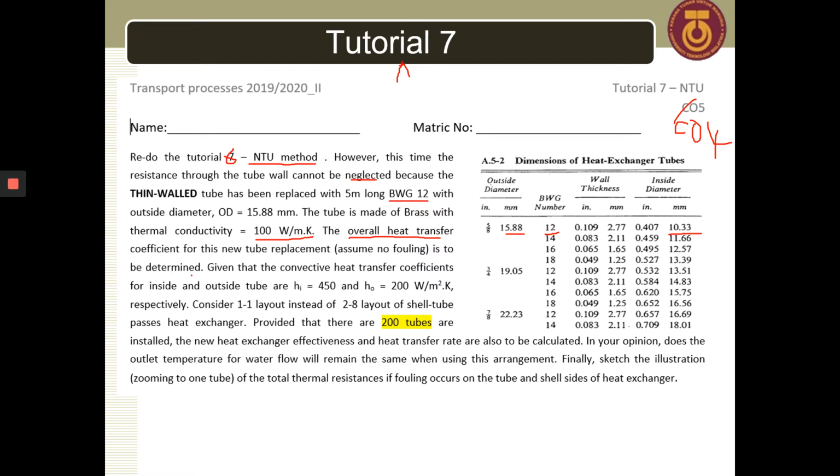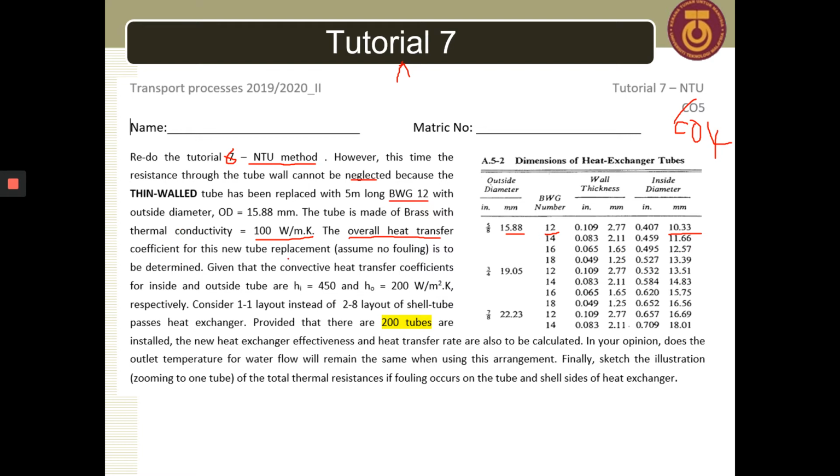But for this one, you cannot neglect the resistance for conduction because you have different diameters, between 10.33 and 15 mm. So there is a certain thickness of the tubes which means you cannot neglect the heat transfer through conduction. So you must calculate the resistance through conduction.